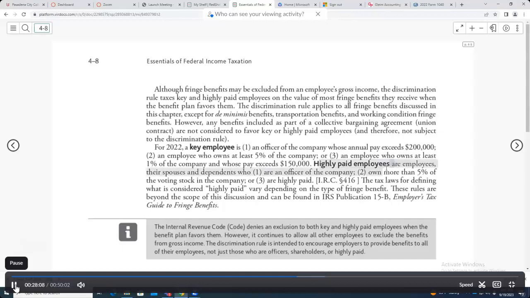And here it says highly paid employees are employees matching one of those criteria. So a fringe benefit may be excluded as long as it applies to everyone. But if it is a discrimination issue and it is only applied to key employees, then it will become taxable.